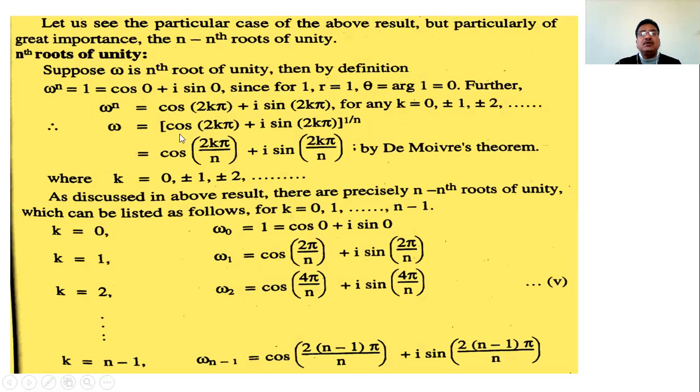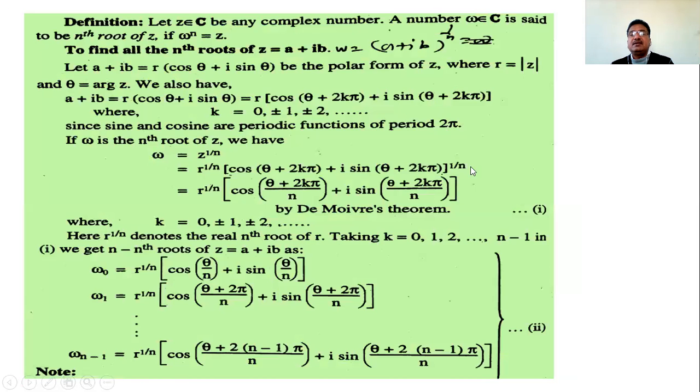And then W is what? W is this bracket raised to 1 by N. Shift this N to the right side, then this is 1 by N, similar to this, raised to 1 by N. We start from this Z, W is equal to Z raised to 1 by N. Z is what now? Z is 1.